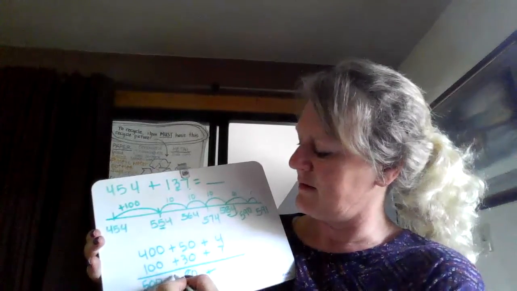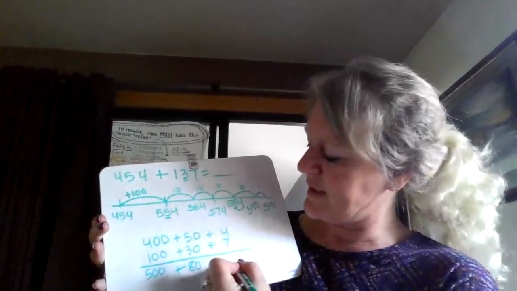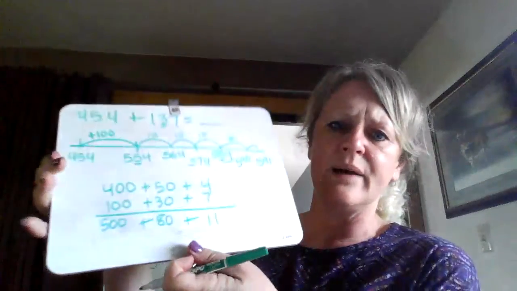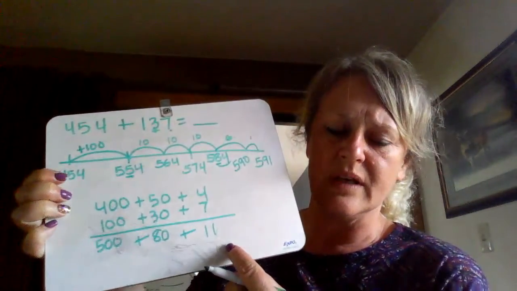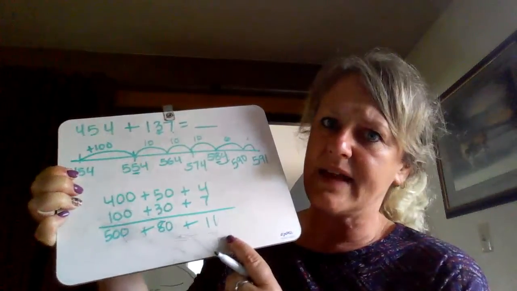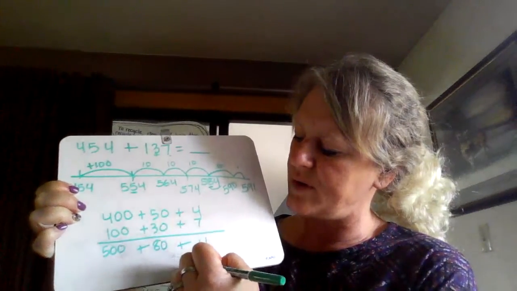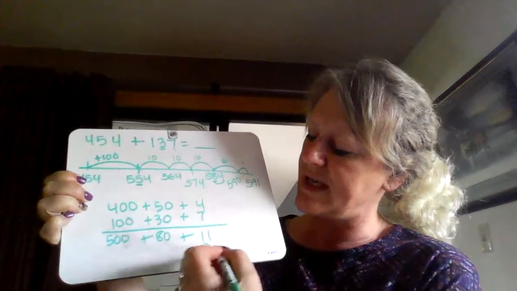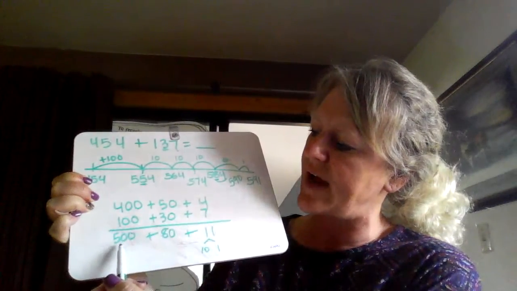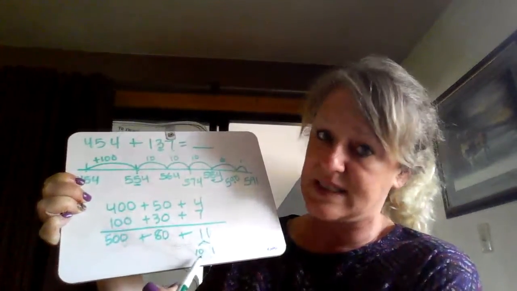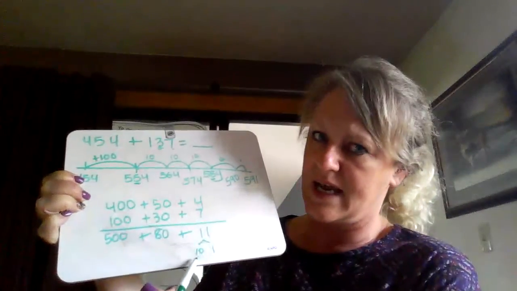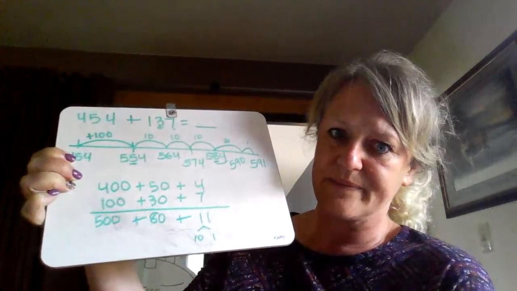And 7 plus 4 is 11. Now we're kind of stuck here again. And so the easiest thing that I like to do is break this into expanded form. Because then you can add the tens really easy. 500 plus 80 plus 10, 80, 90, 91.